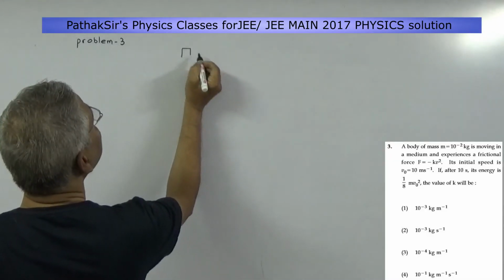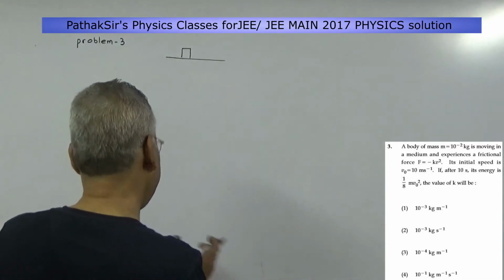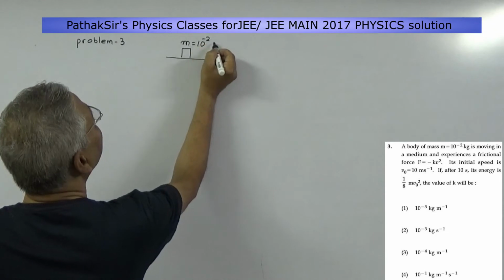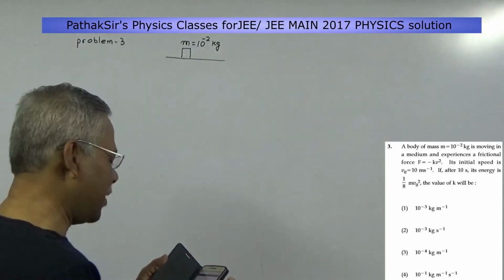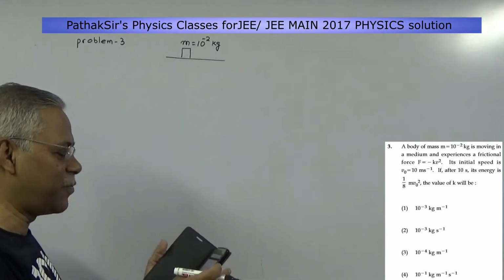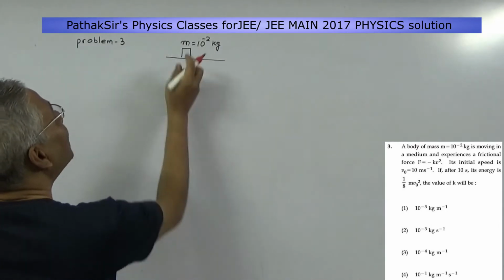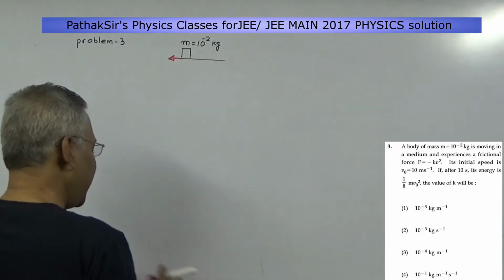Body of mass 10 to the power minus 2 kg is moving in a medium and experiences a frictional force F equal to minus kV square. So minus sign denotes opposite to its motion.